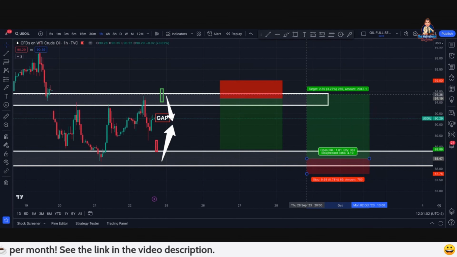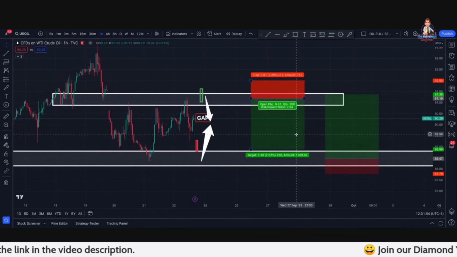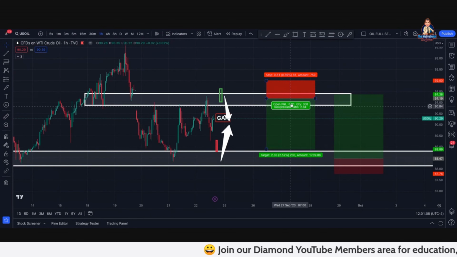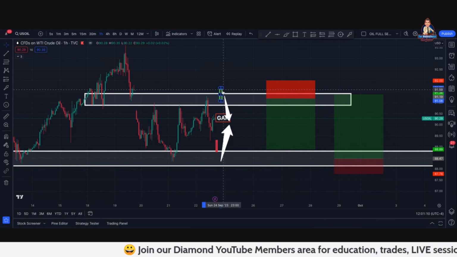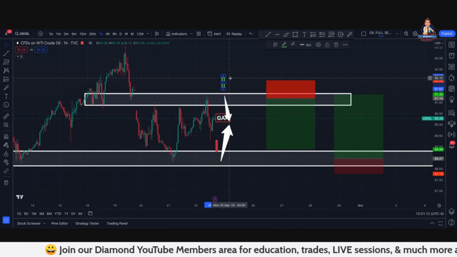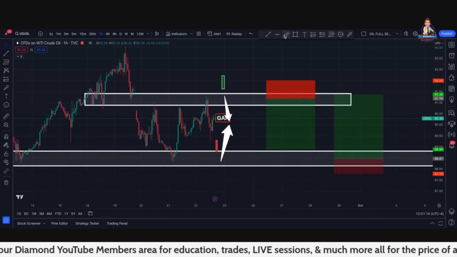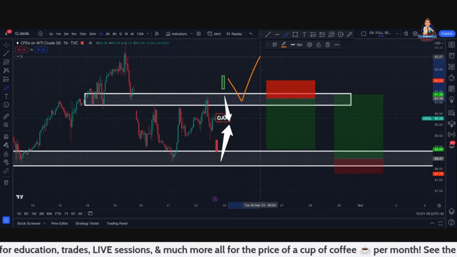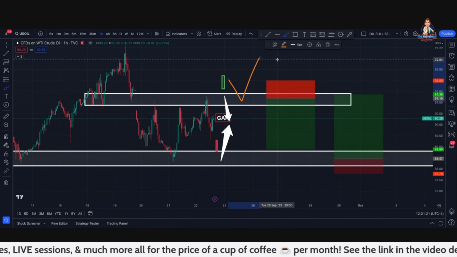The only thing that invalidates these scenarios right here is that price closes above. So if we get a closure above, then we know that price is probably going to close above, retest, and then go higher. That is on the higher side.